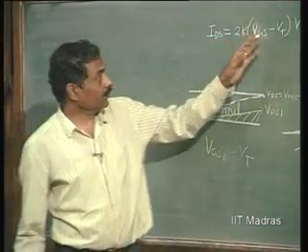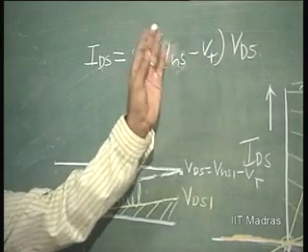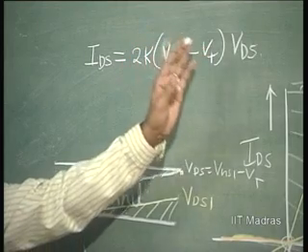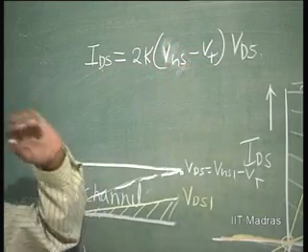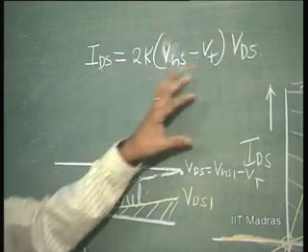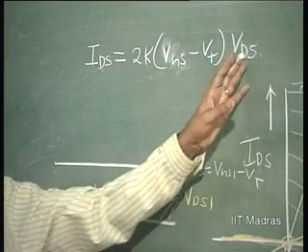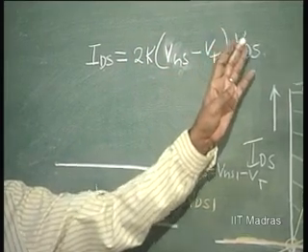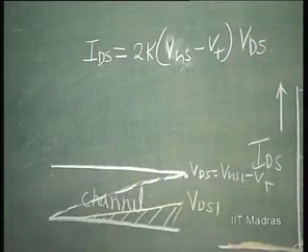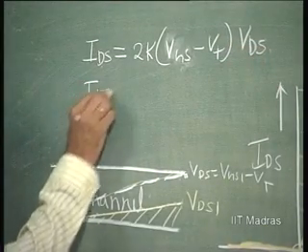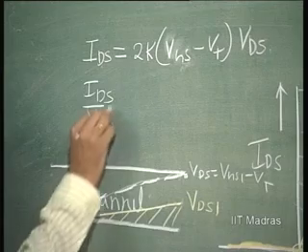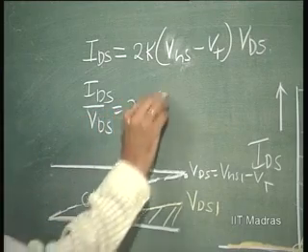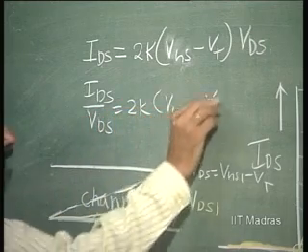Higher current will be obtained, the higher the value of VGS minus VT. So, the proportionality constant depends upon VGS minus VT, and it is a resistor. So, it is directly proportional to VDS. So, IDS by VDS is equal to 2k into VGS minus VT.